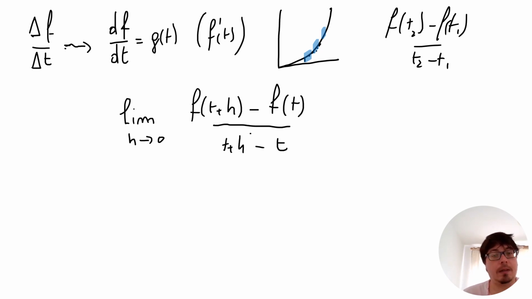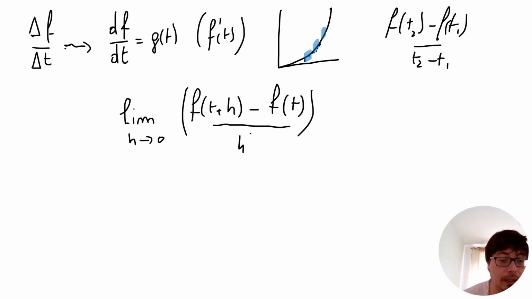As you can see, there is a limit, meaning that this difference on the top and the bottom, and as you can see, t can cancel out, but it's the same as two different points in time, t plus h and t. So we can say just this. And these are two different points in time. We do the difference, and the step goes to 0, as you can see.